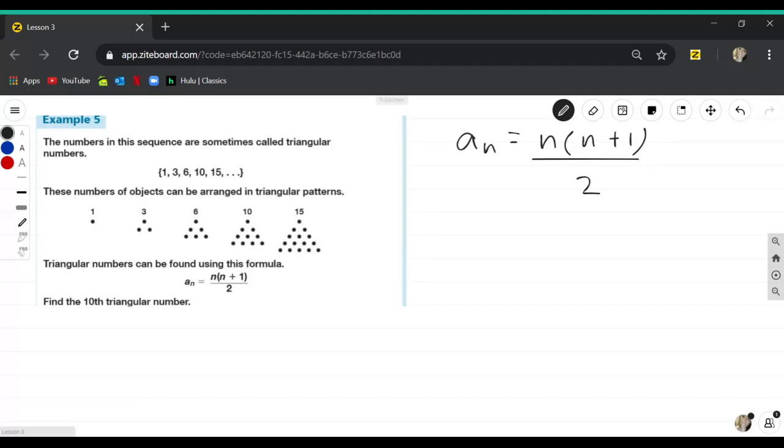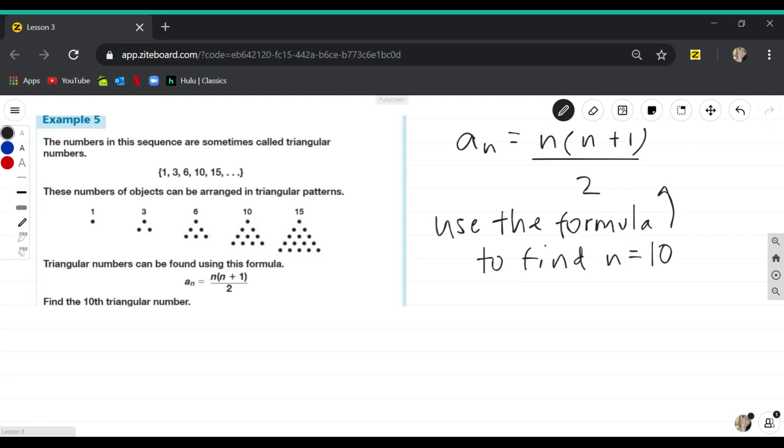So what that means is we're going to use this formula, with n equal to 10.